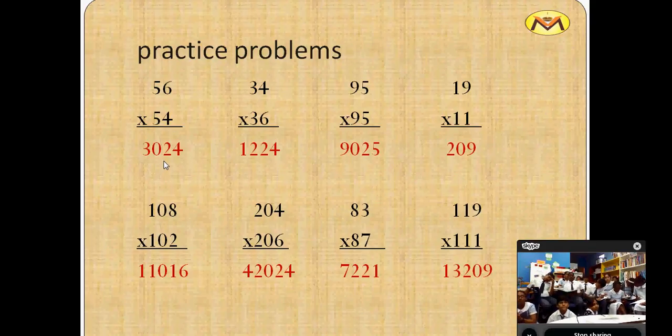You missed out that zero. Okay, that's okay. What about the next one? 1224. Anyone got it wrong? Okay. So next one, 9025. Okay. What about 209?